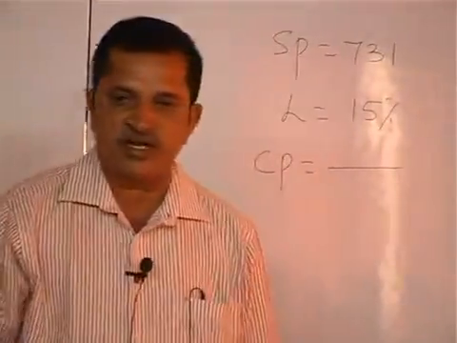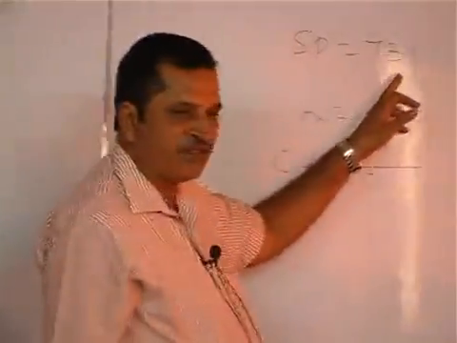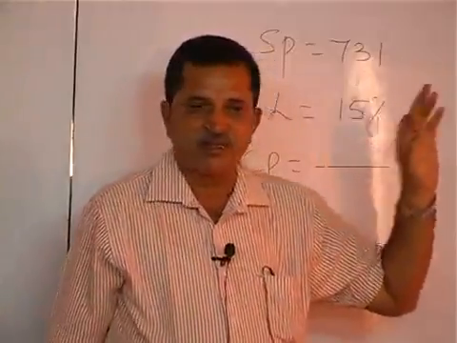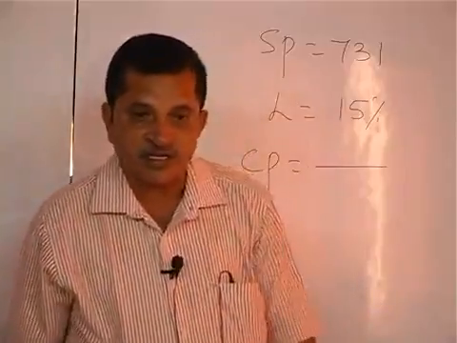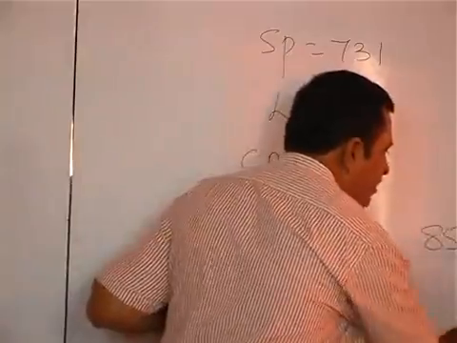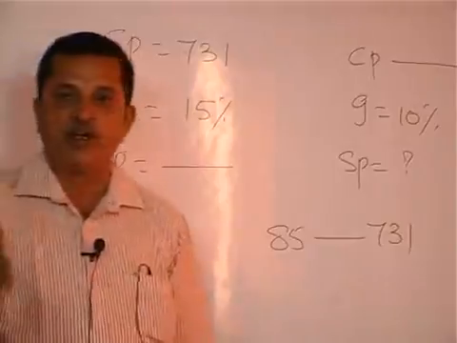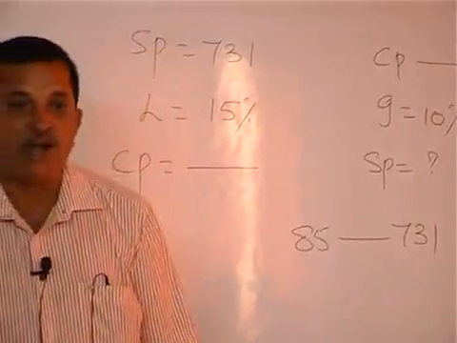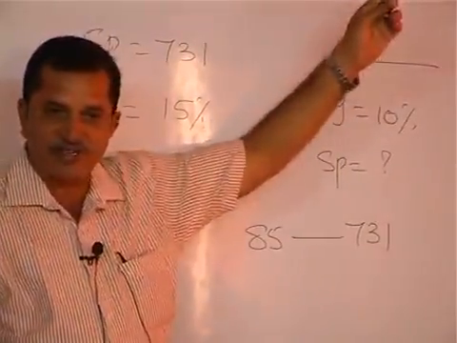But doing in the shortest time, if you know the concept, for selling for 731, there is a loss of 15% means 731 rupees will be equal to how much? 85. So 85% is equal to 731 rupees. To gain 10% he asked means what you have to find? 110. Cost price is 100. To gain 10% means 110.